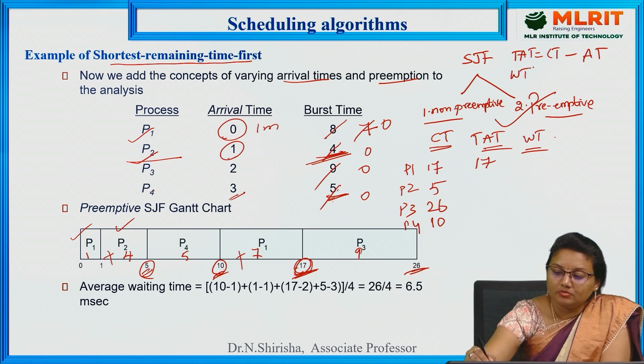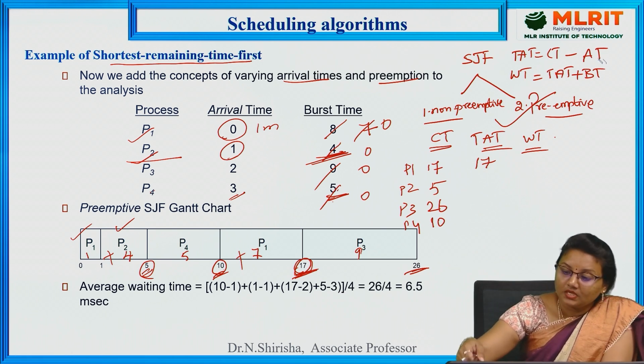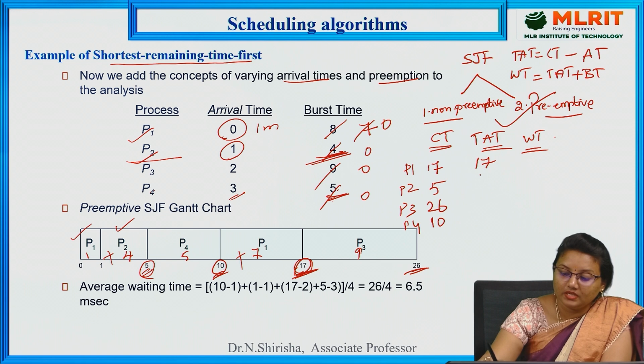And waiting time is equal to TAT, turnaround time plus burst time. Okay. Now we have to give what? CT minus AT. Now TAT is 17 minus 0. 5 minus 1, 4, 26 minus 2, 24, 10 minus 3, 7.